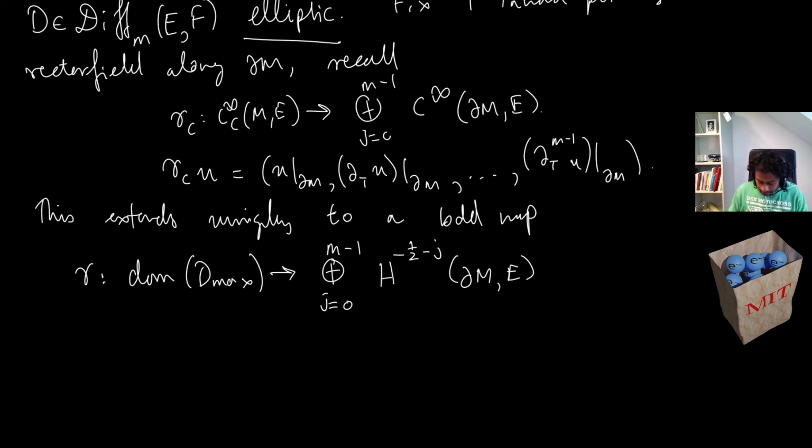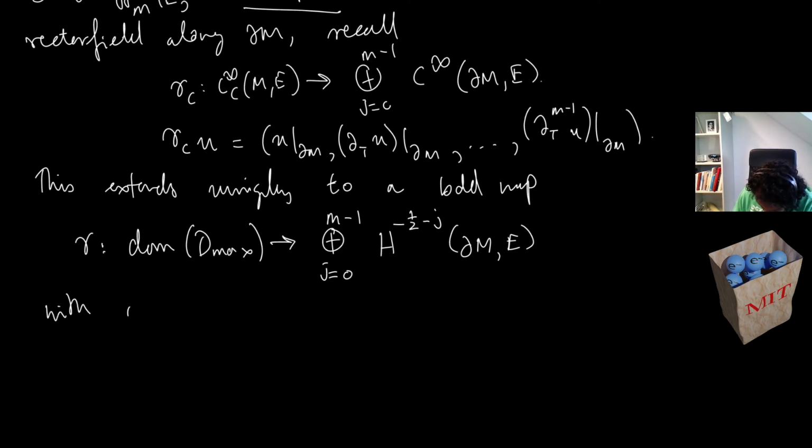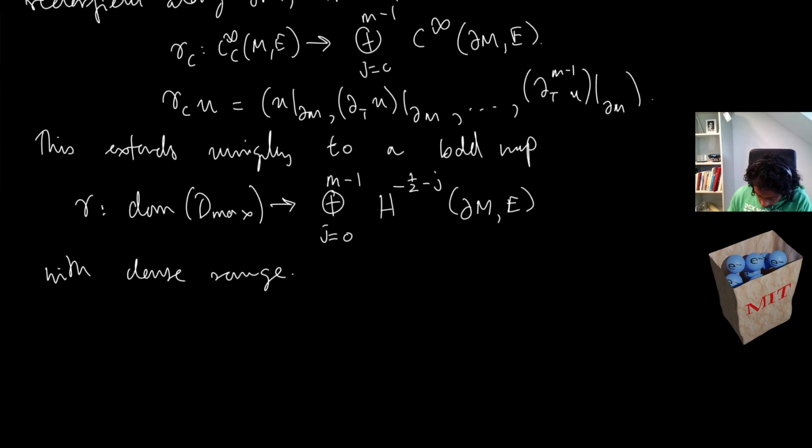We're really in the space of distributions. So a bounded map with dense range. Moreover, the kernel of gamma is precisely dom D min.